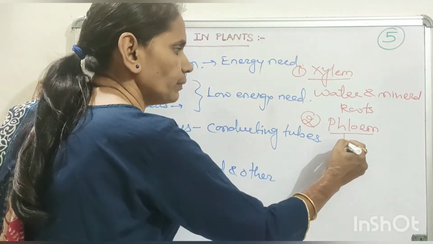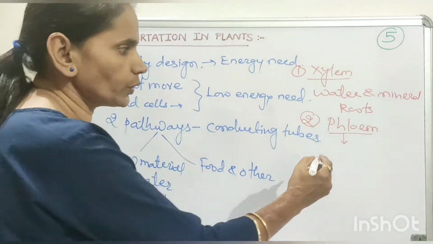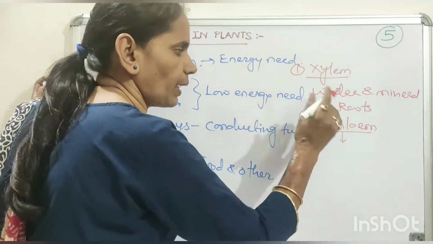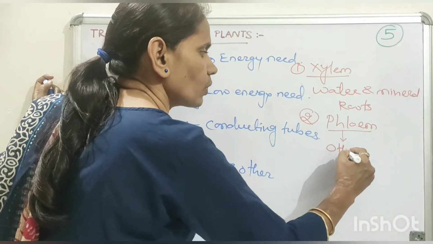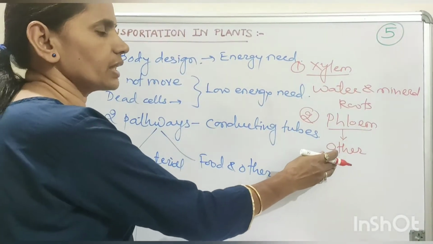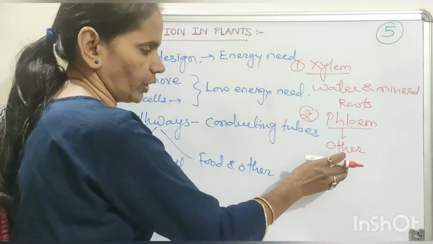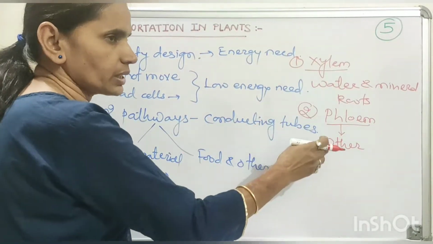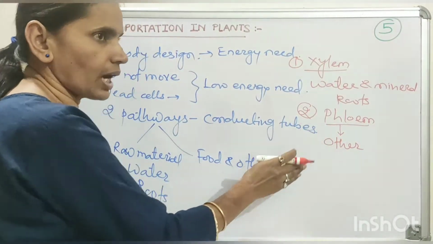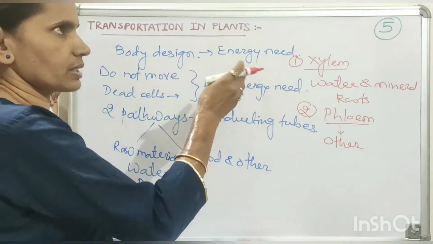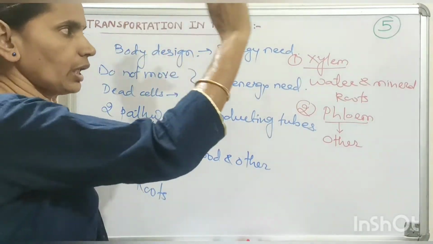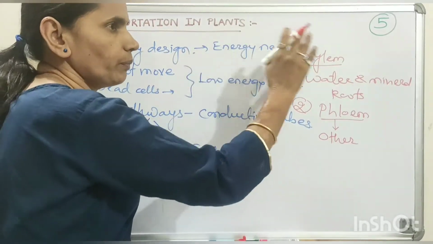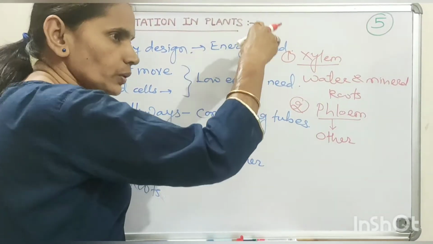Now phloem carries out the transport of the photosynthetic products that are produced in the plant and other dissolved substances such as amino acids and other products. So overall, this transportation has the major task of covering the distance, starting from the roots to the tip of the plant and from the leaf at the different parts of the body to the roots.